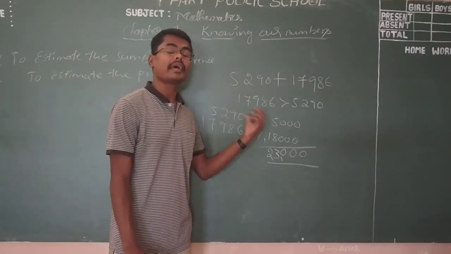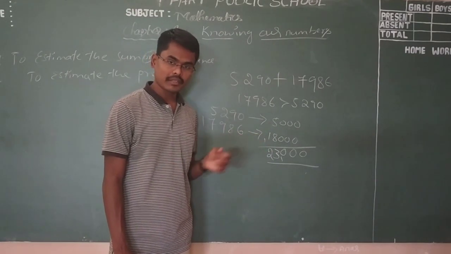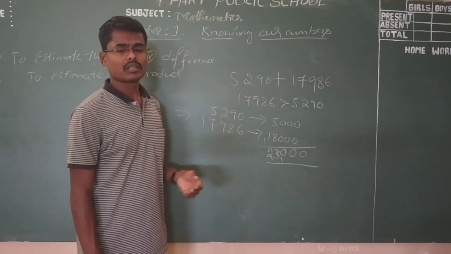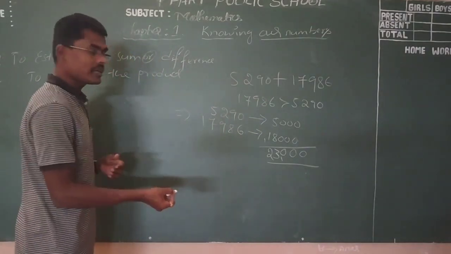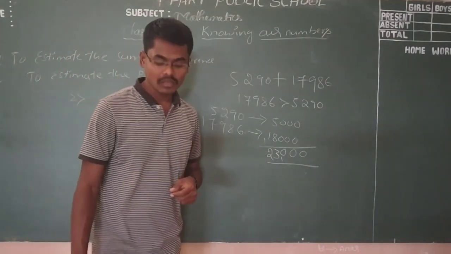Like that, we can estimate for any given number. This is how we are going to round off the given numbers. Then we can take one more example. Now I am going to take another estimation.